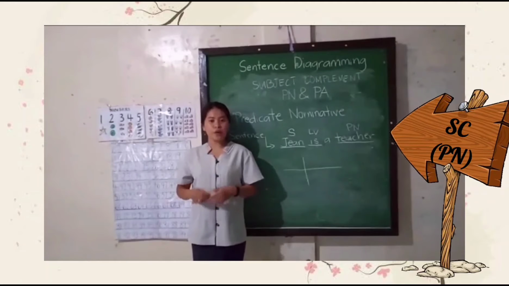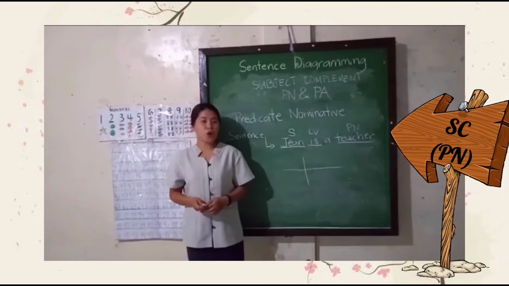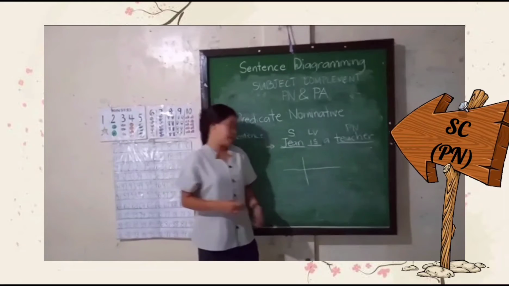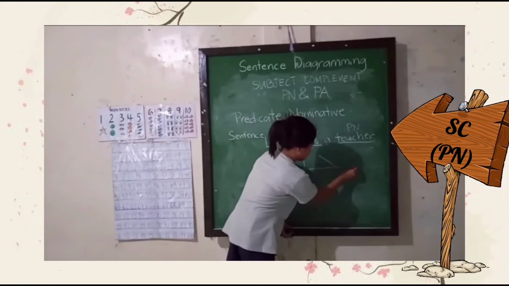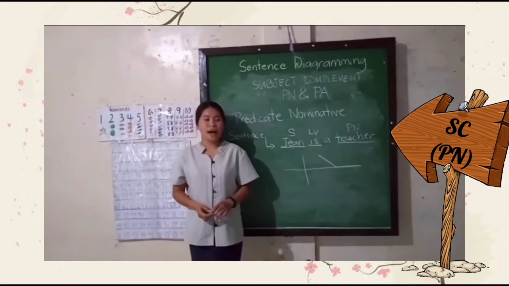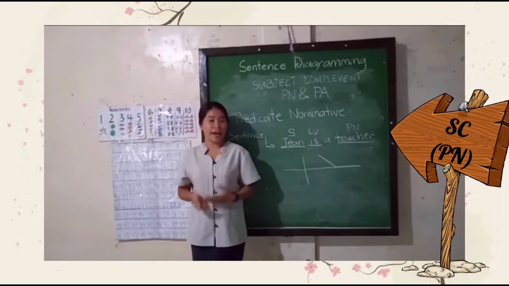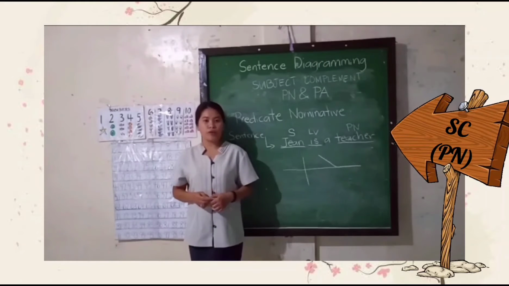But here we're going to add a backslash slanted line to show the predicate nominative. Now, keep in mind, if our line is straight up and down, straight vertical, we will be notating a direct object, which you cannot have with a linking verb.